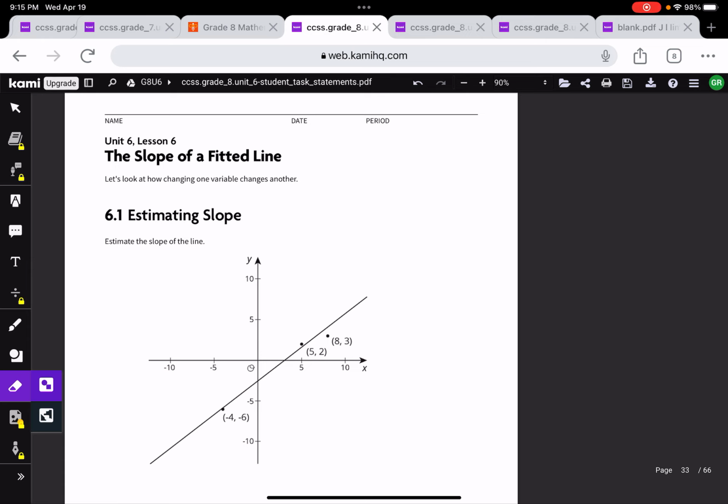But for now, we have been taking a look at associations in data. There's positive associations, there's negative associations. Positive means going upwards from left to right. Negative associations mean it's going down. And we've noticed that you can make a line that can take an average of all those scatter plots and then give you some data.